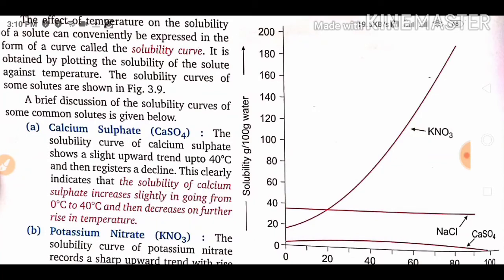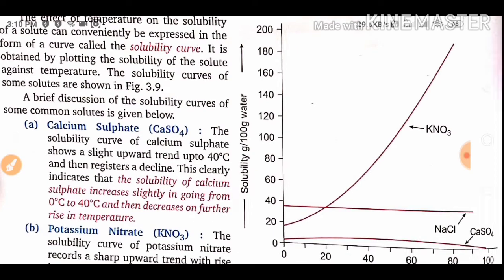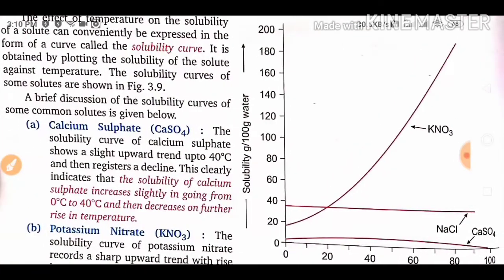The solubility curve of calcium sulfate shows a slight upward trend up to 40 degrees centigrade and then registers a decline. This clearly indicates that the solubility of calcium sulfate increases slightly in going from 0 to 40 degrees centigrade and then decreases on further rise in temperature. You can see from the figure that from 0 to 40 degrees centigrade, CaSO4 is here.